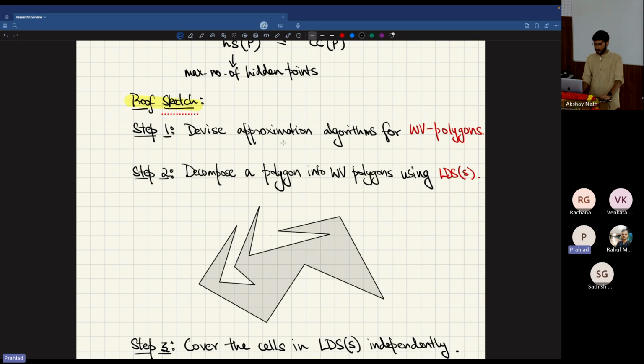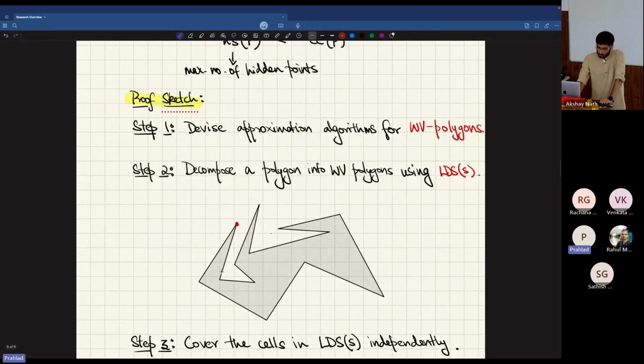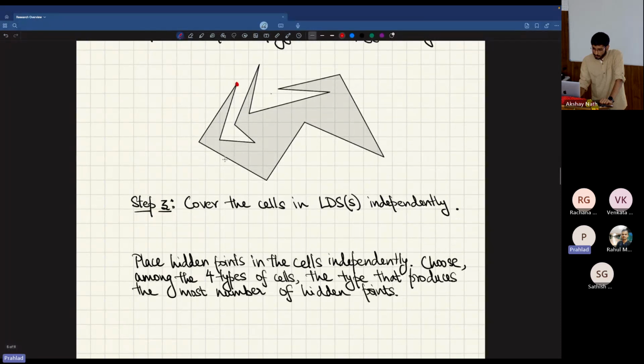So it is done as follows. You can choose any point you like, your favorite point in the polygon. Let's say we choose this one. Now what you do is look at the visibility polygon of this point. That will give you a cut here.